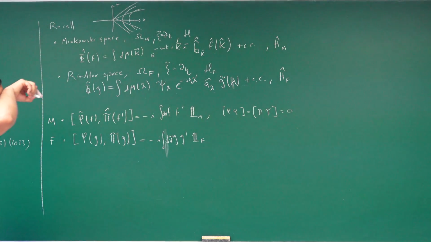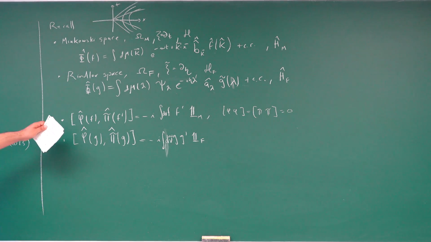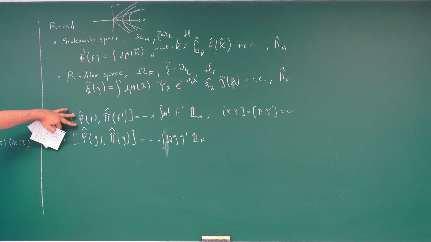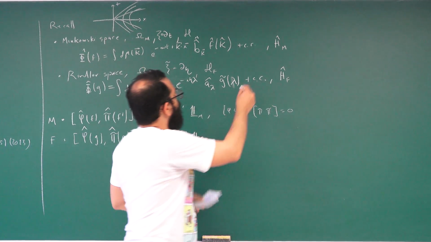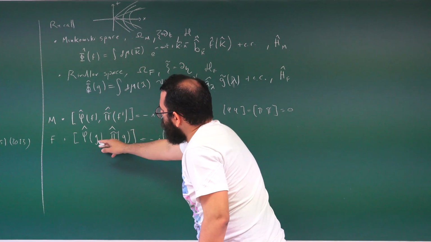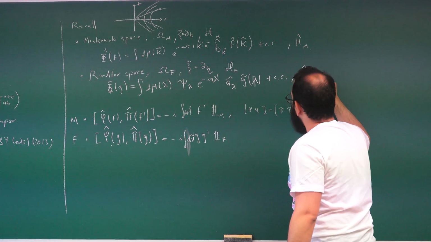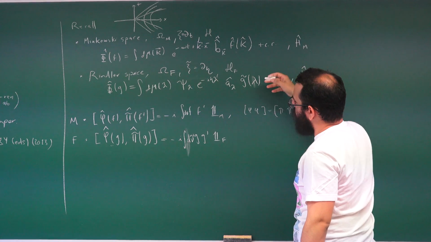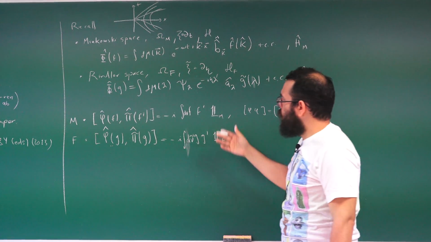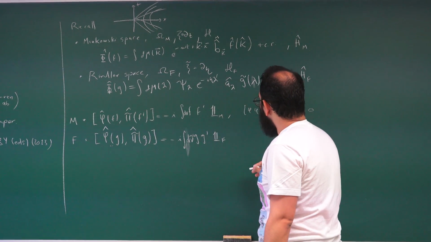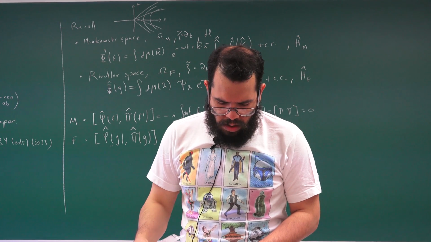Okay, and we've seen that the form of the commutation relations, when we view the field and the momentum as operators acting on one space or the other, represented in one or the other space, have the same form. So we have seen that in some sense the commutation relations are quite important.